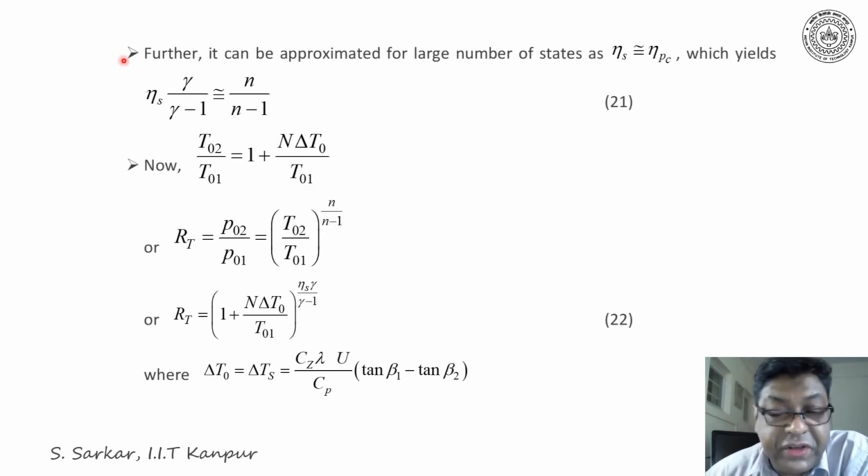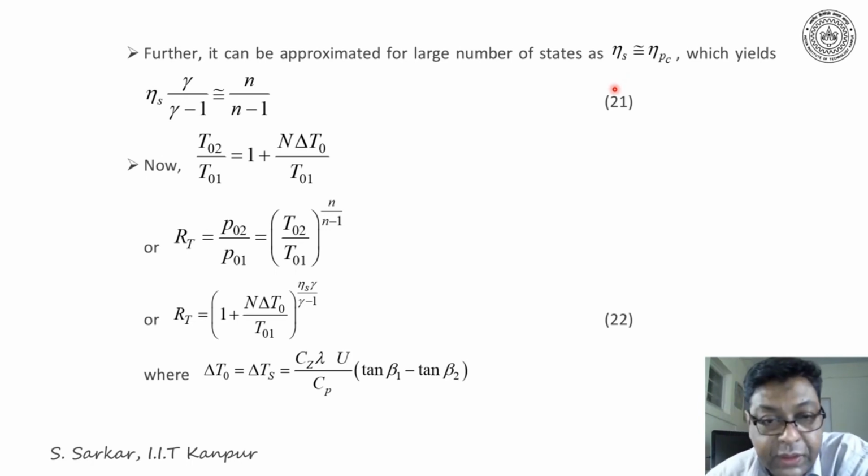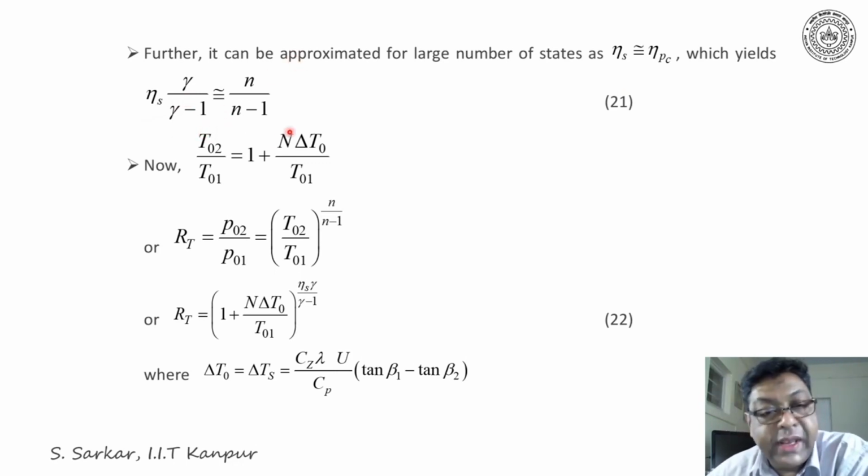Now, if we approximate that the compression occurred through a large number of stages, then eta S can be approximately equal to eta Pc, and this will yield eta S into gamma by gamma minus 1 approximately equal to N by N minus 1.